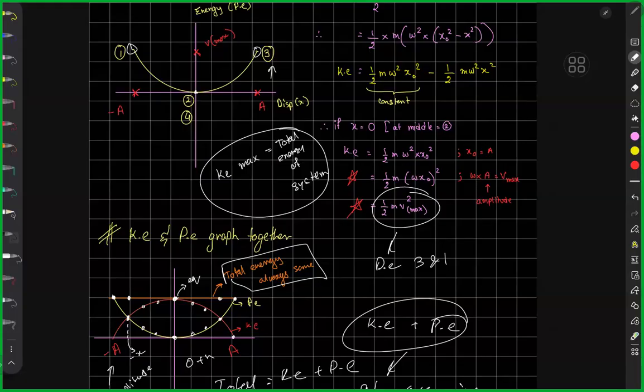Look at the graph. Yeah? What do you think? Is K max, the maximum kinetic energy value, equal to whatever the total energy is?